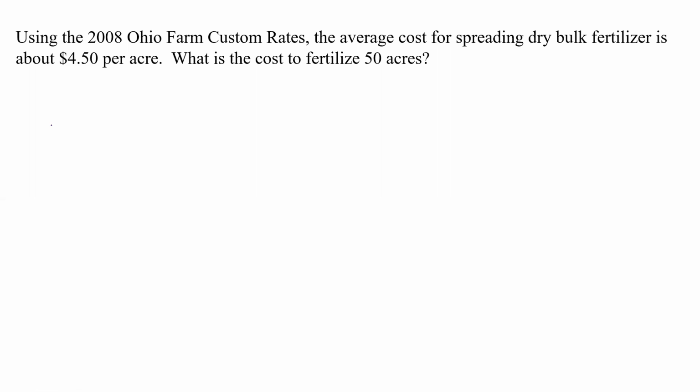Well, all we have to do is we have to take 4.50 times 50, and that's going to be our answer. So what I'm going to do is I'm going to take 4.50 times 50. So that's going to be 0, 0, 0, then 0, 25. That's 22. And that's going to be 0, 0, 5, 2, 2, 2 spaces.